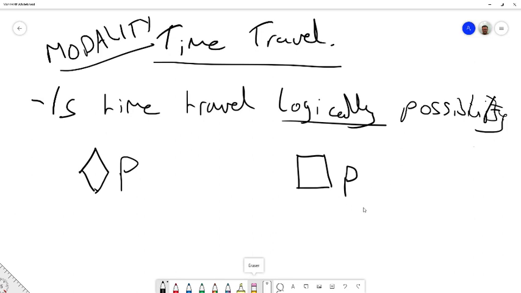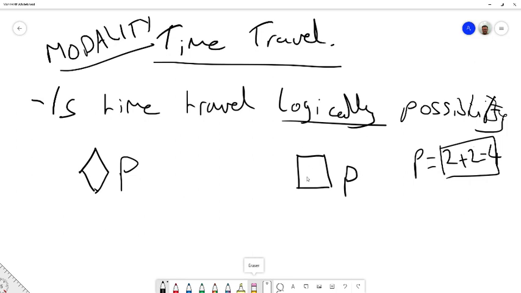Well, that's false. It's not true that pigs have to fly. In fact, they don't fly in this world, so it's not the case that it's necessary that pigs fly. But if we have P equals 2 plus 2 equals 4, perhaps that is plausibly a necessary truth. Necessarily 2 plus 2 equals 4, so then this would be true.